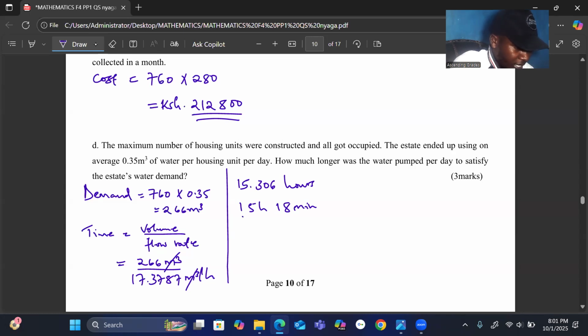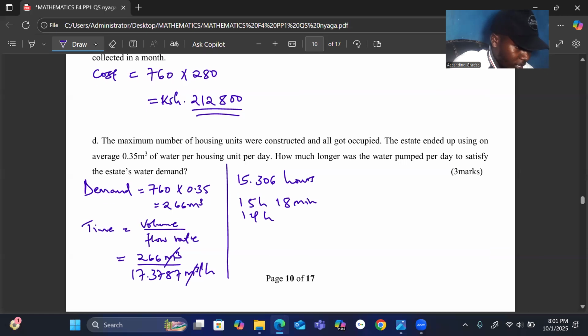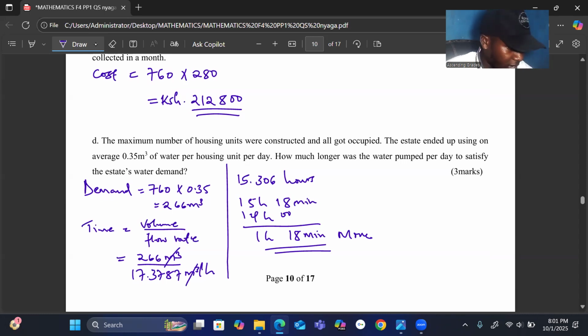Then we subtract the original hours, which were 14 hours. It is 00 minutes. So we shall have 1 hour and 18 minutes more. So this is how much longer it's going to take to satisfy the demand of the estate.